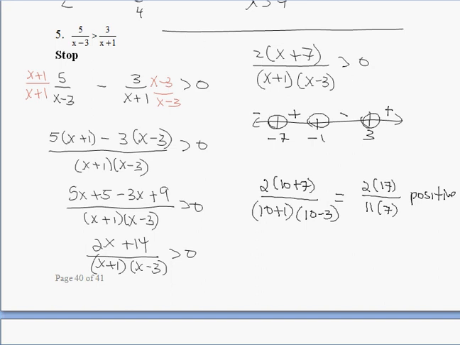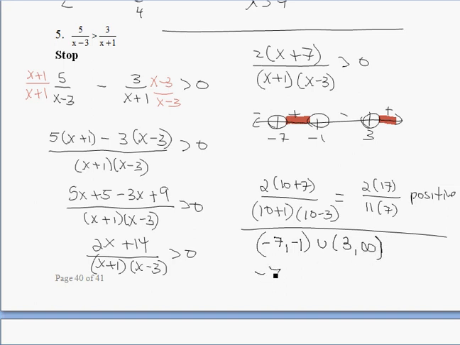We want when it's greater than 0, so that's going to be between -7 and -1, and to the right of 3. So we write our final answer as -7, -1, parentheses, because you're not including those points, 3 to infinity, or -7 is less than x is less than -1, or x is greater than 3.